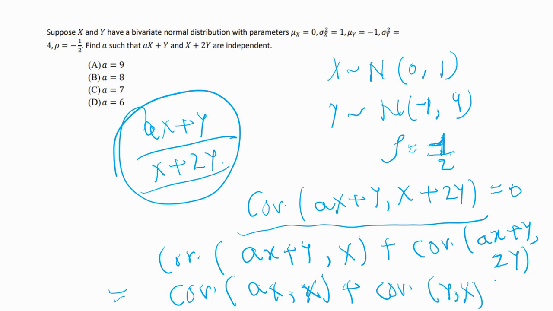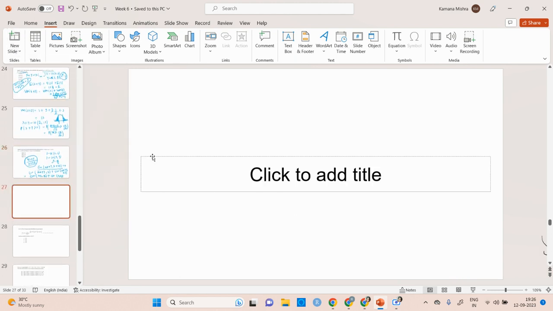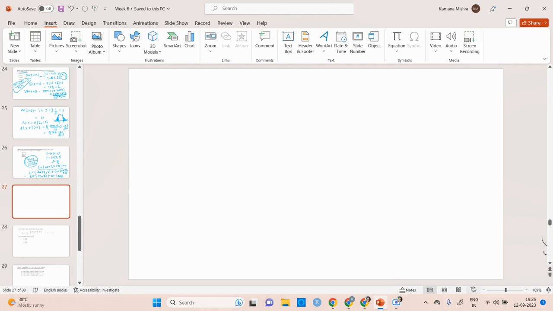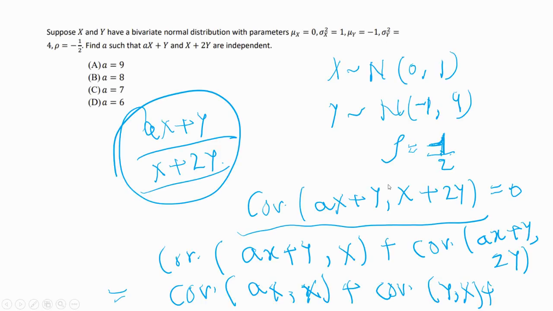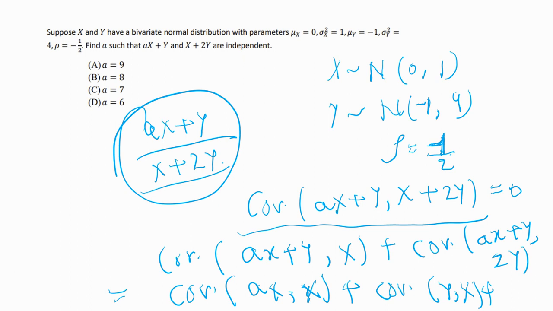And for the second term, covariance of ax comma 2y plus covariance of y comma 2y. So the first term and the second term can be written like this.